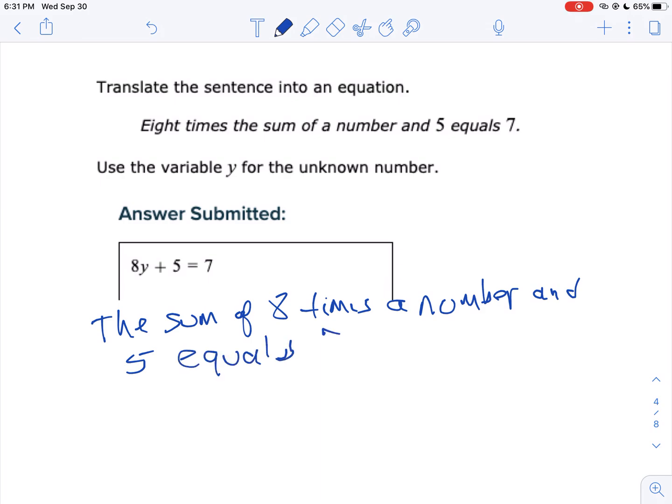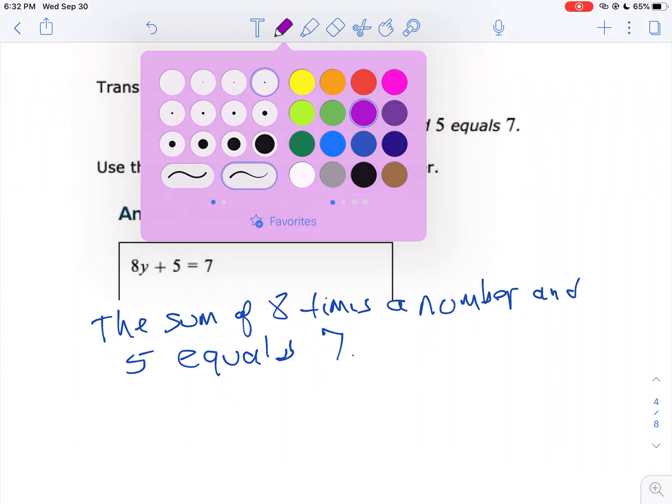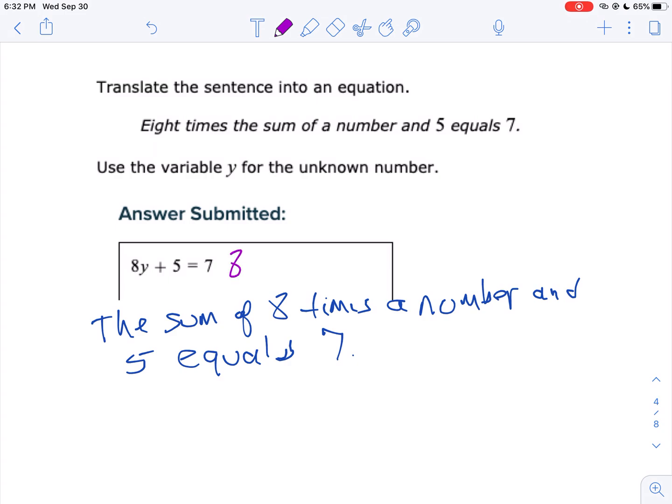Notice the problem goes 8 times the sum. So you needed to put a number and 5 in the parentheses. Let me change pen colors so we can see the difference. It would be 8 and then the sum, because we want to add first. Since you want to add first, you have to put it in parentheses, equals 7. So you're just off a tad there, which led to the incorrect answer.